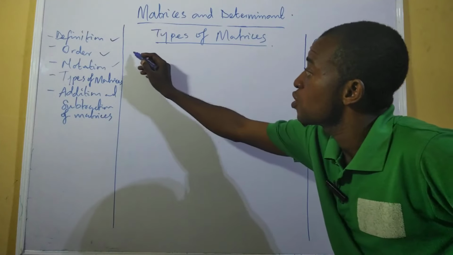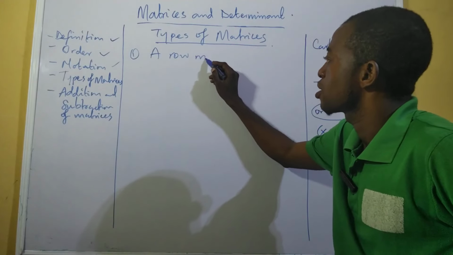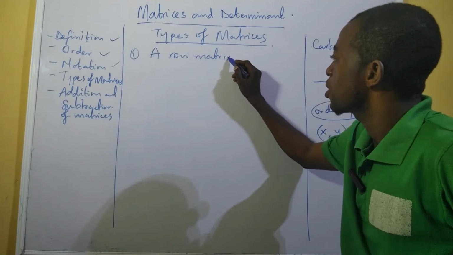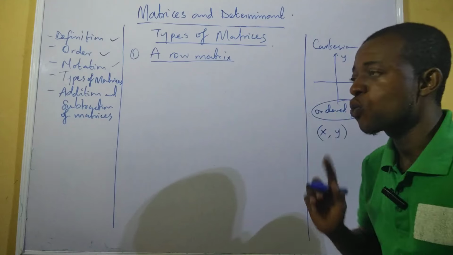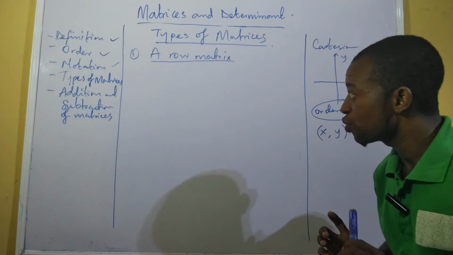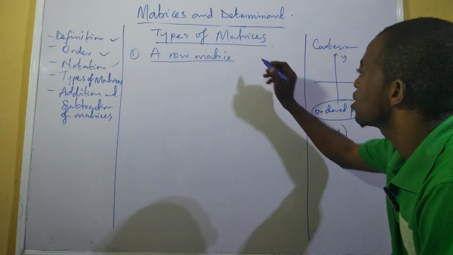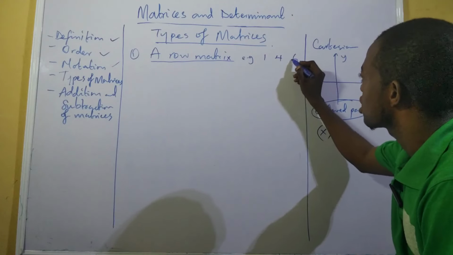The first one we look at is a row matrix. As the name implies, a row matrix is a matrix with just one row of elements, e.g., we can have the matrix 1, 4, 6.